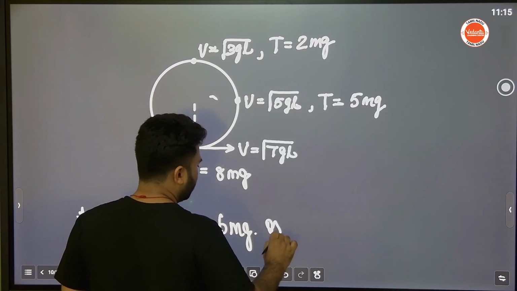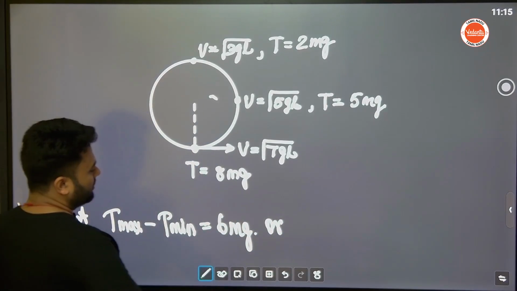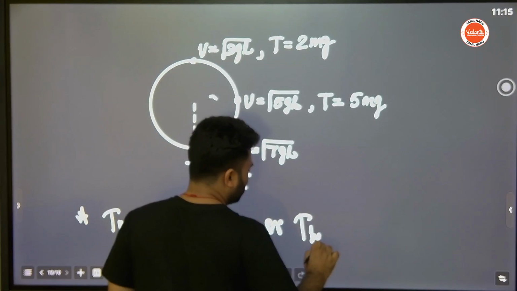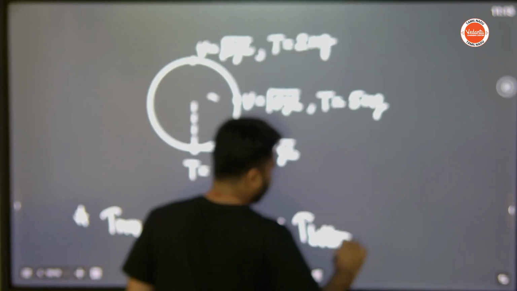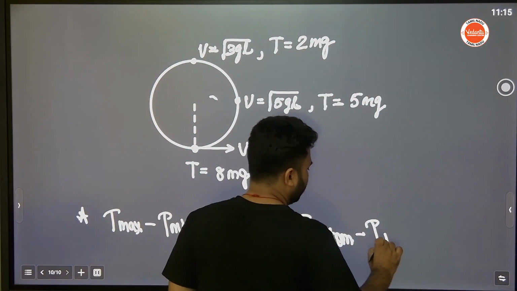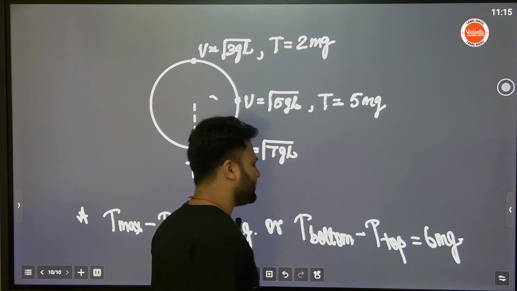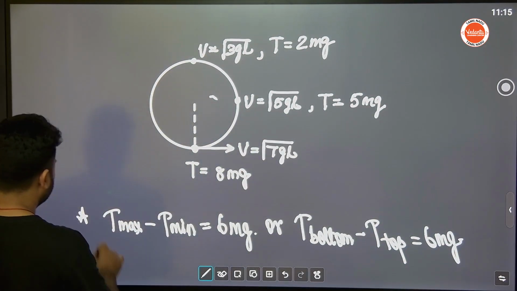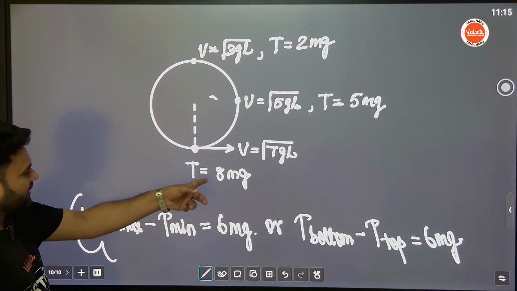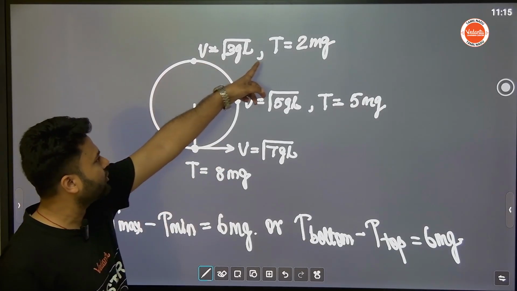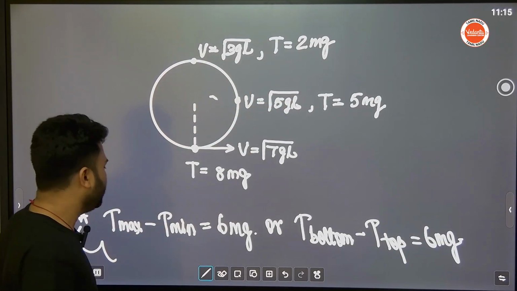Or you can write, tension at the bottom minus tension at the topmost point will always be 6 mg for all the cases, any case. So you remember this. See here also, tension at the bottom is 8 mg, tension at the top is 2 mg. So their difference will be 6 mg.